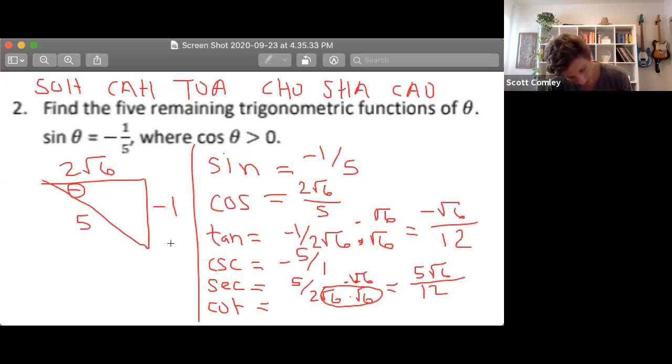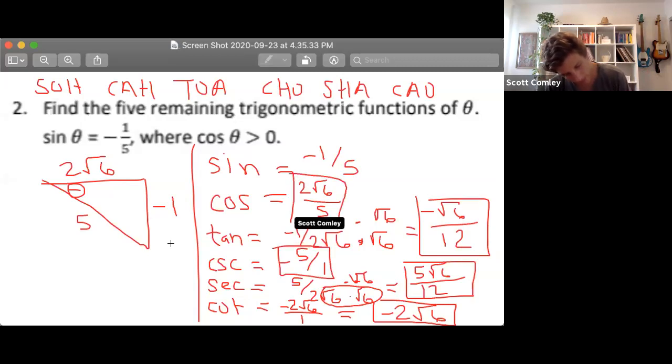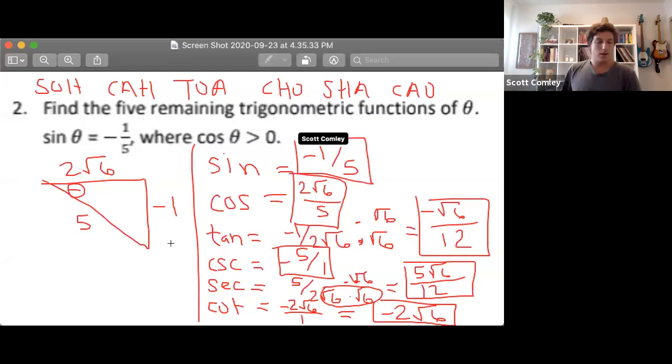So it'll be -2 root 6 over 1, or -2 root 6, because anything over 1 can just be written as is. So I'm actually going to circle or box every answer. This one, this one, this one. All right, so we'll start with that.